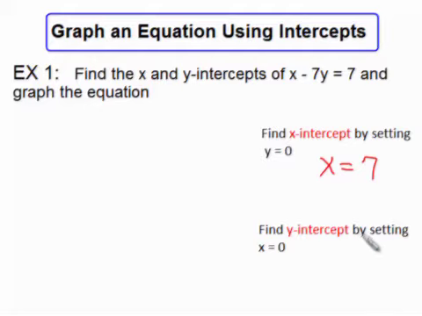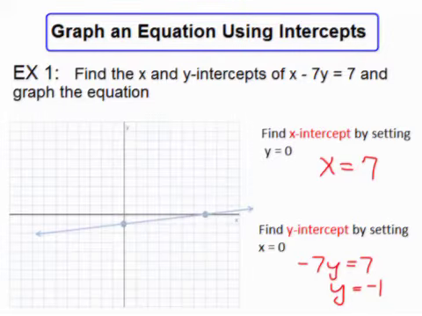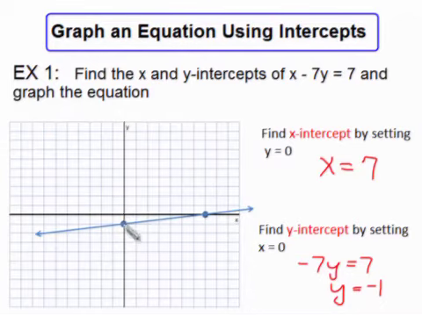To find the y-intercept, we want to land on the y-axis, so we don't go right and left, so we let x be 0, giving us negative 7y equals 7, or y is negative 1. So looking at our graph, this point is the x-intercept 7, and this point is the y-intercept at negative 1. So connecting these 2 points gives us our line.